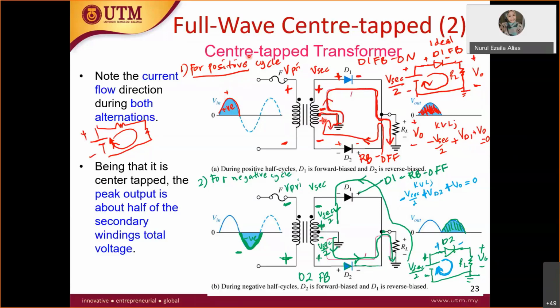It is tapped at the center of the transformer and becomes ground. So the voltage here becomes half top, half bottom. That's why it becomes V secondary over 2 at the top and V secondary over 2 at the bottom. And then your question, why is there opposite polarity for D2?